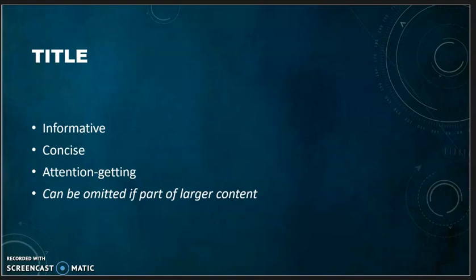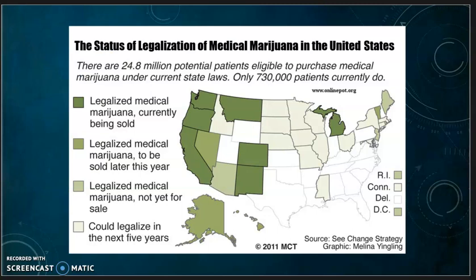So let's look at a couple of examples. Here we have a map where the title is "The Status of Legalization of Medical Marijuana in the United States." When you start to look at this map more closely, you can see how redundant and over-explanatory that title is.